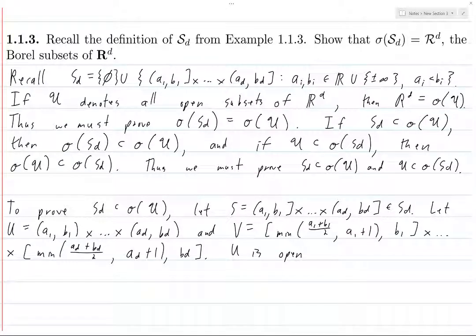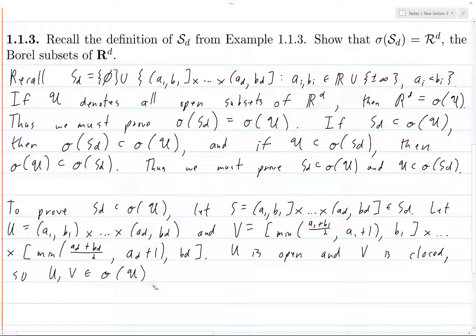Of course, you have to be careful there; it certainly works when you've got finitely many dimensions. Anyway, the point is U is open in the standard topology, and V is closed. And this is true regardless, even if we have infinities in some of the endpoints.